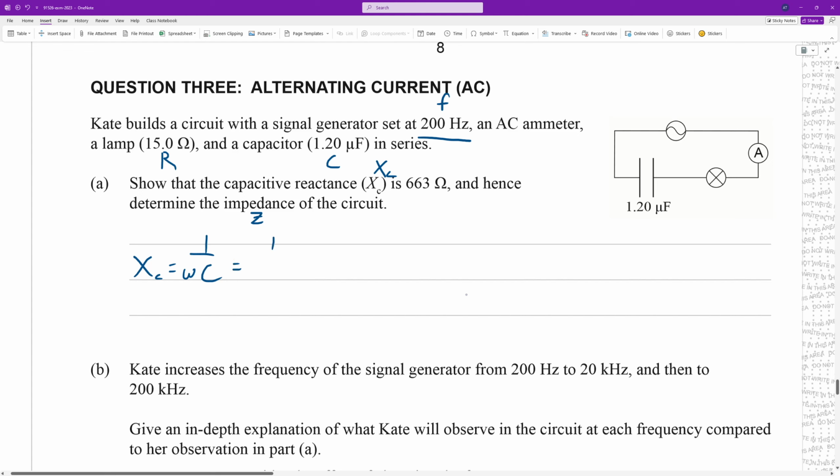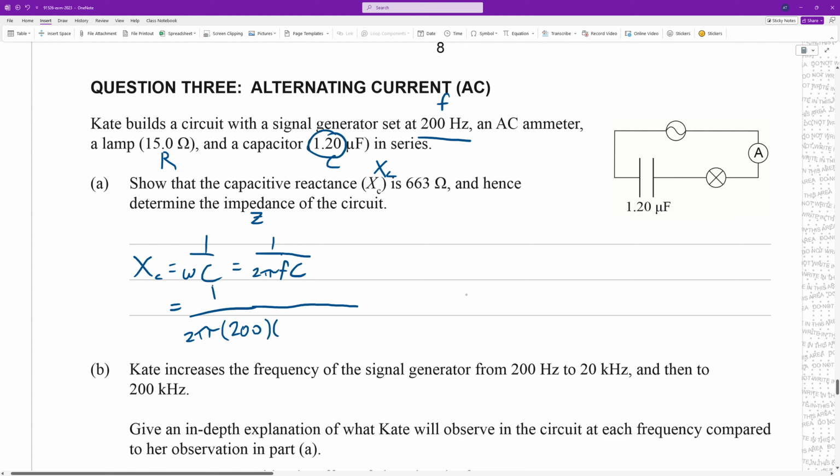So we can express that as 1 over 2 pi F times capacitance. Great. All we need to do now is substitute in our values. So 1 over 2 pi times the frequency, 200 hertz, times the capacitance.